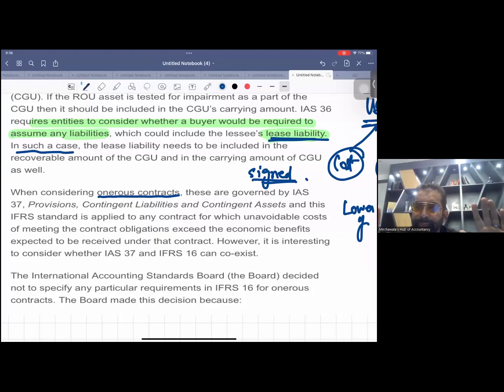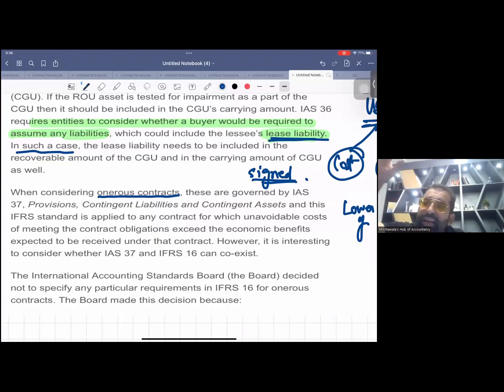Look at here. Now just think. In an onerous contract, we are going to book the future cash flows, the present value of all the future rentals, because we have signed the agreement. When I was teaching onerous contracts in class, I gave the example of a machine on a 2 year lease.